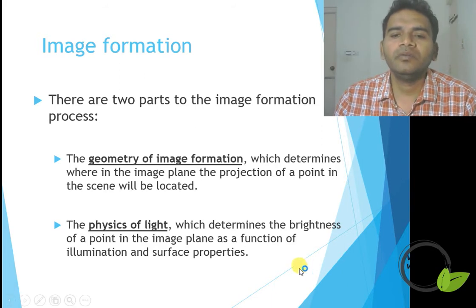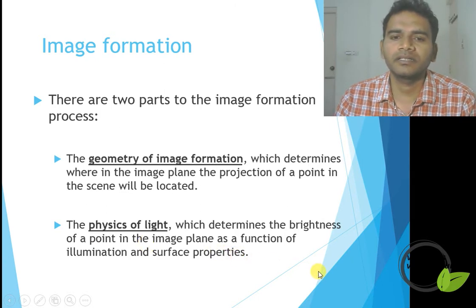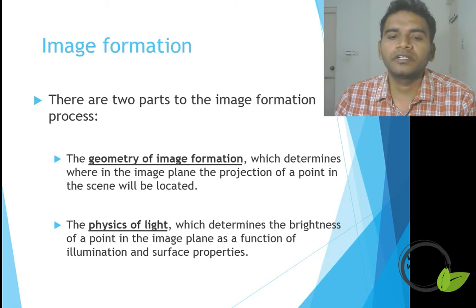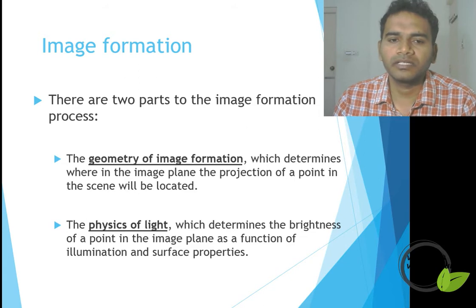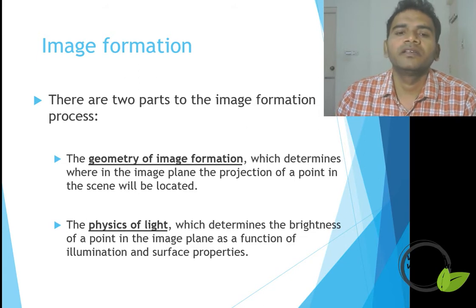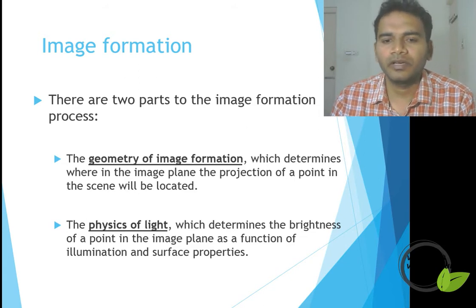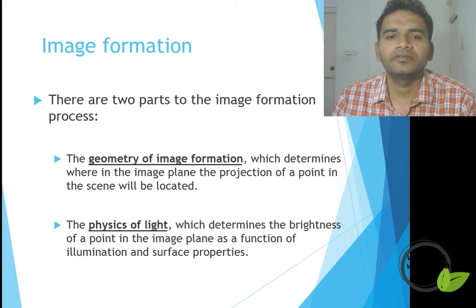The second one relates to the physics of light. How the illumination is, whether it is a single source illumination, distributed illumination or a pointed illumination present on a particular thing. The better the illumination, the better the quality of the image formed.